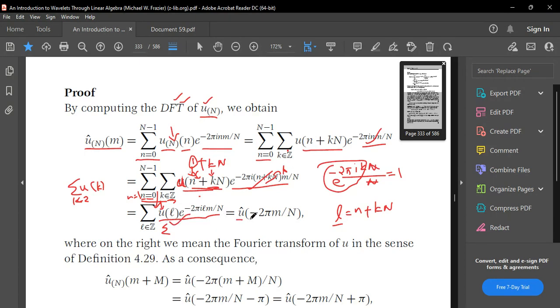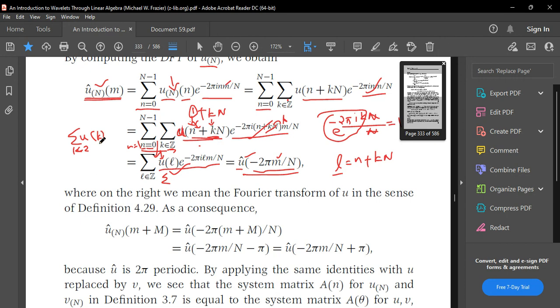This result is u cap of minus 2 pi m by N. U cap of m is defined with minus 2 pi i n m by N. So this minus 2 pi m by N u cap is written here. So we have got u cap N of m equal to u cap of this term.